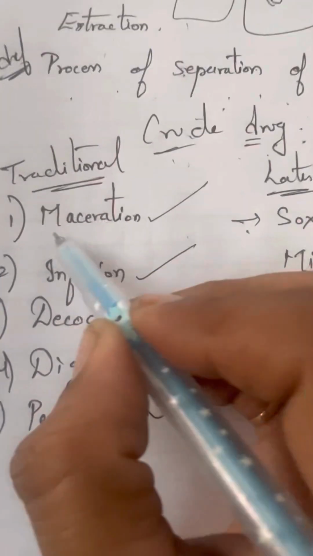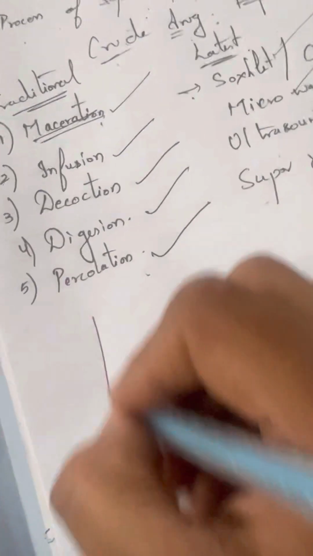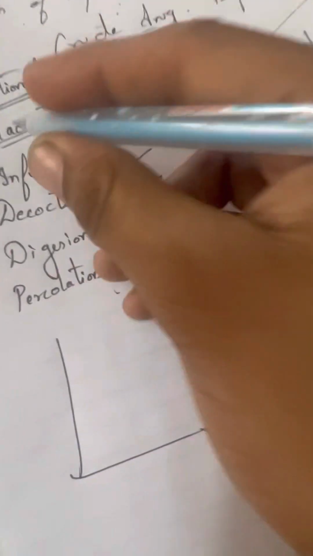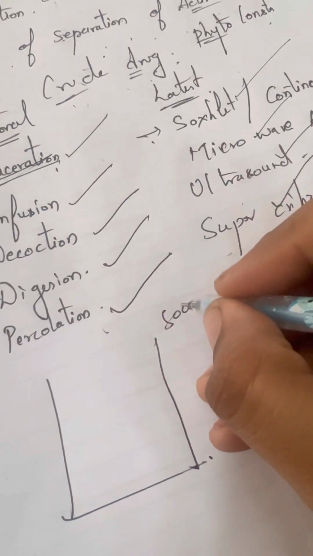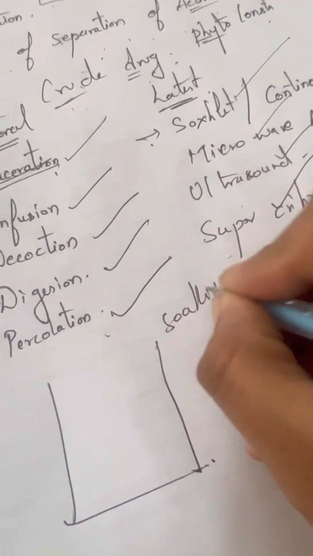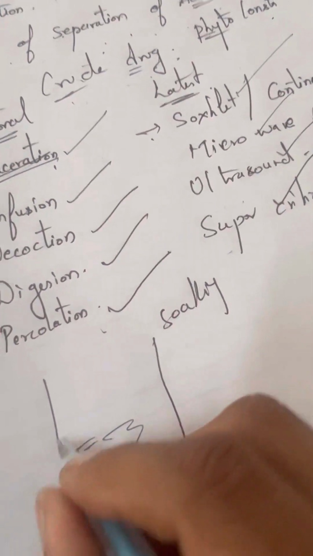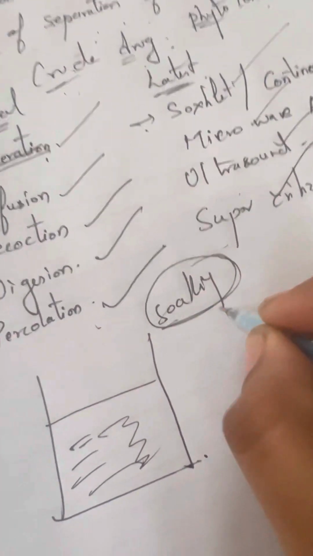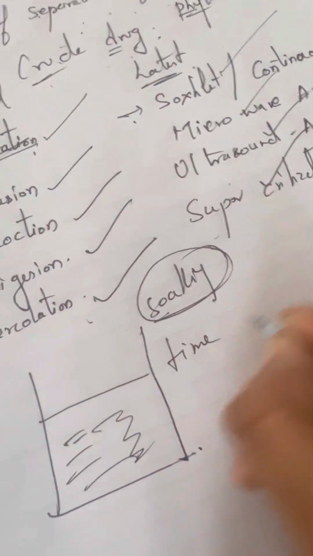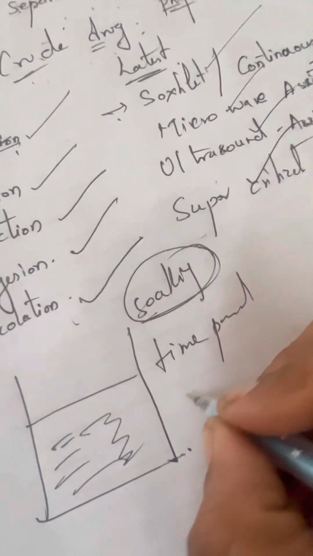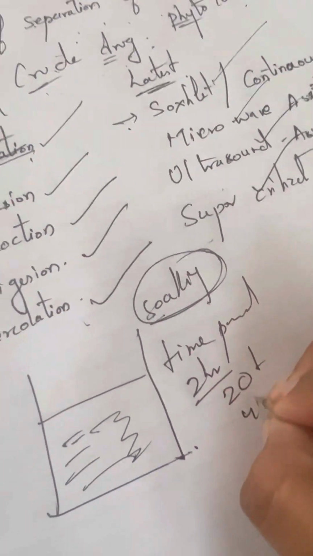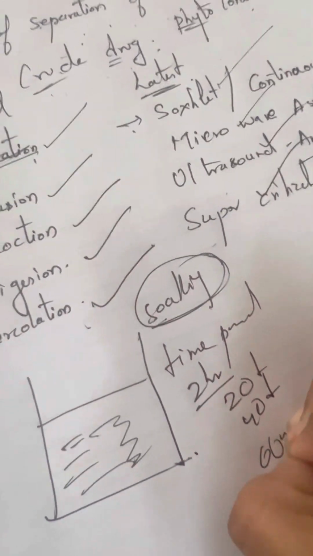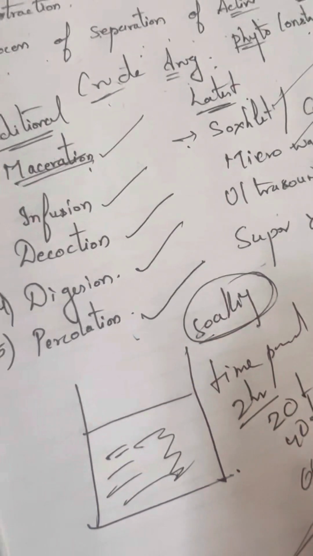Firstly we will go for maceration. What happens in maceration? Maceration is the oldest traditional technique, where the crude drug which has been taken is soaked for a particular time period, which might be about 2 hours, or 20 days, 40 days or 60 days, depending upon its solubility or polarity.